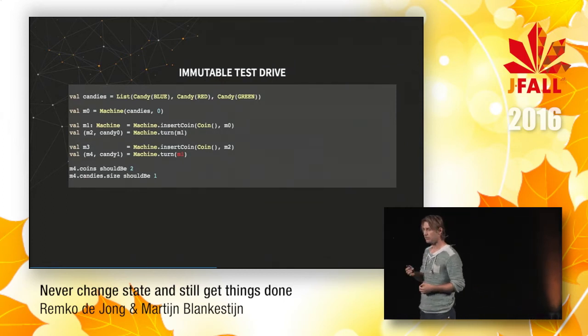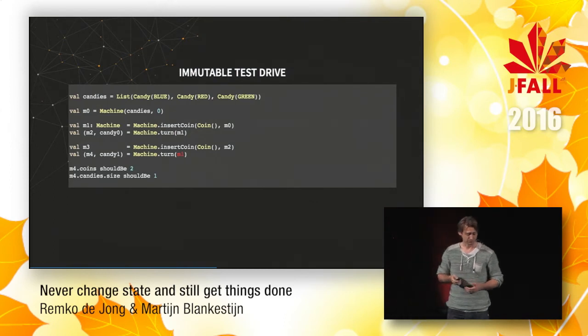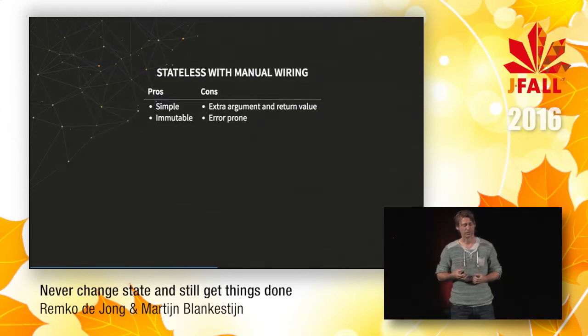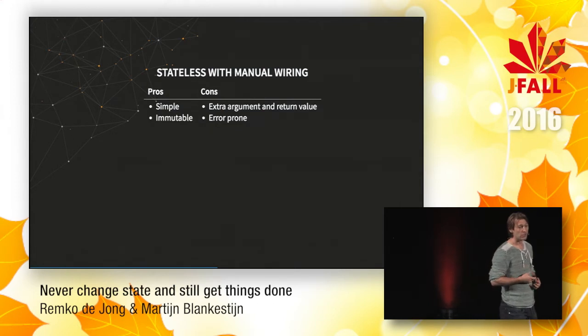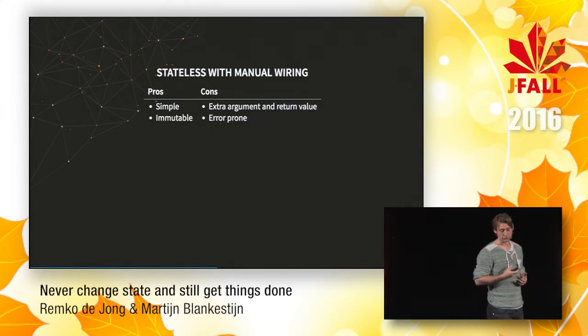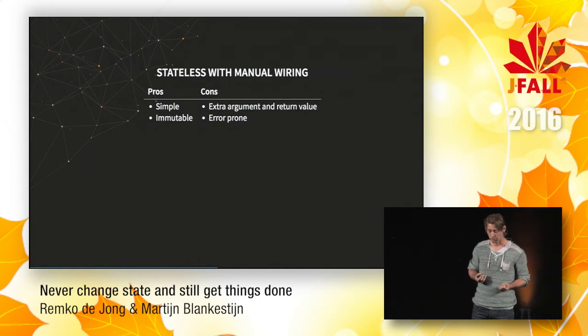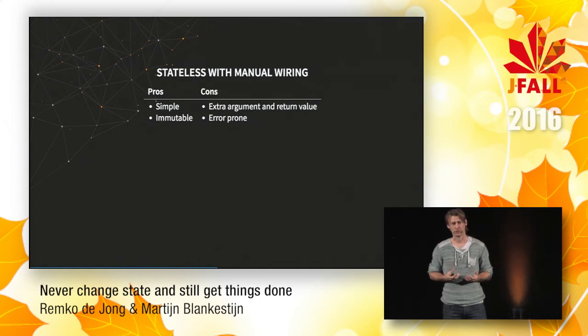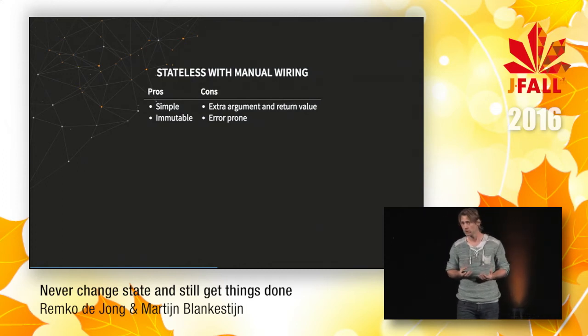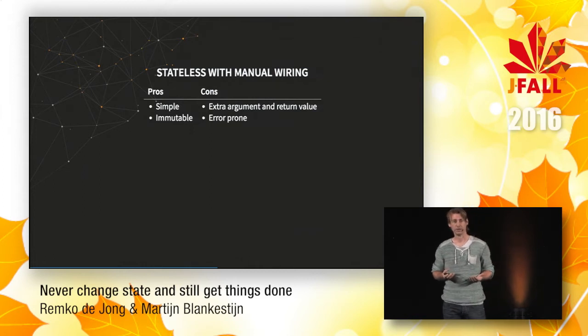This is a fairly simple example, but you can imagine that if you have to do all this manual wiring, it can get quite complex pretty fast. If we try to sum up the pros and cons of this approach, it's simple, right? The only thing we did is make the state explicit.